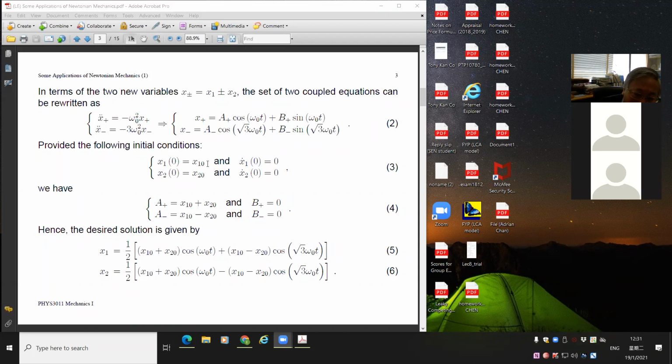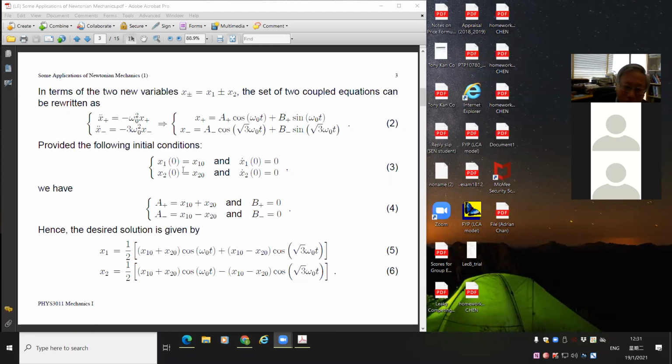So here we pick a very simple set. Initial velocities are 0. Initial position for block 1 is x1 naught. Initial position displacement of block 2 is x2 naught.